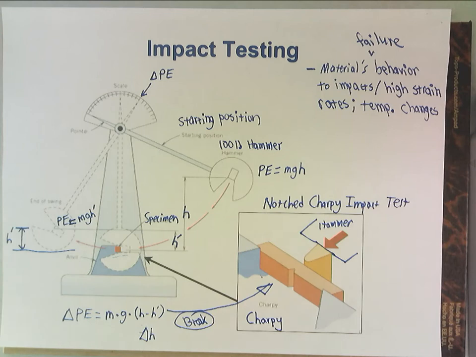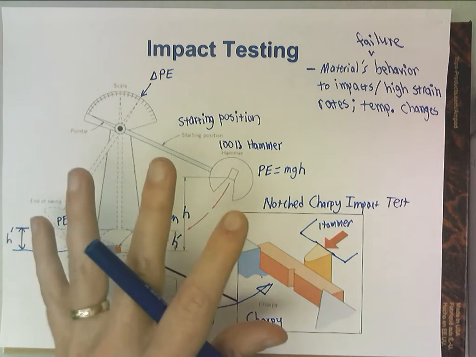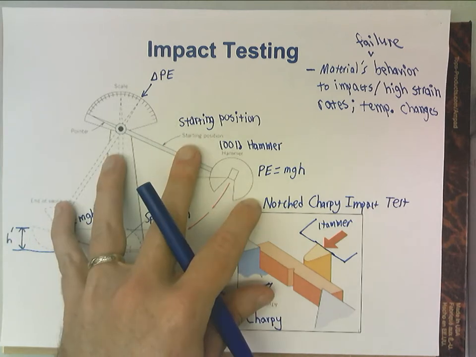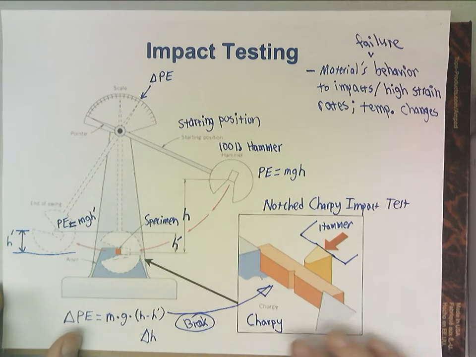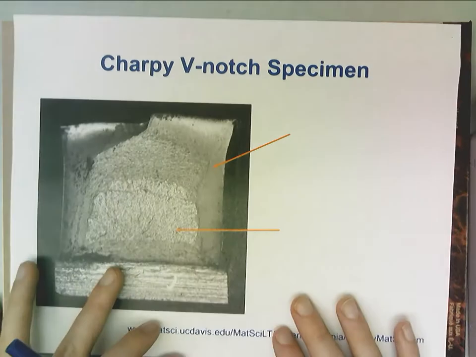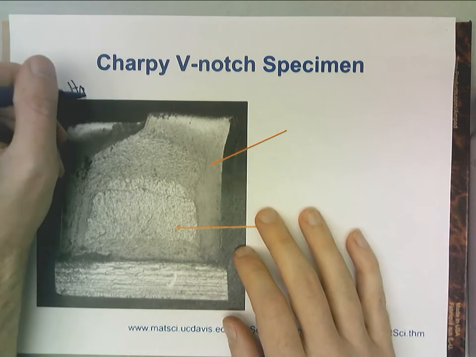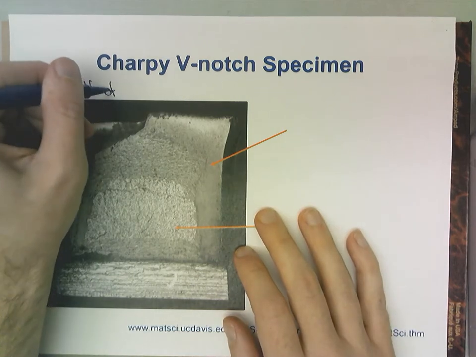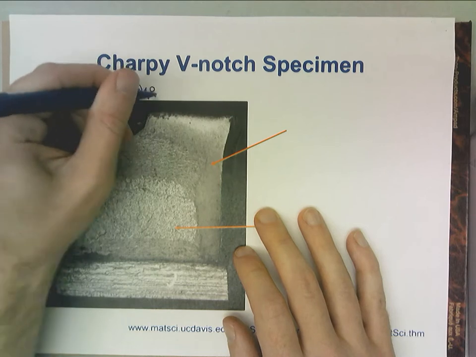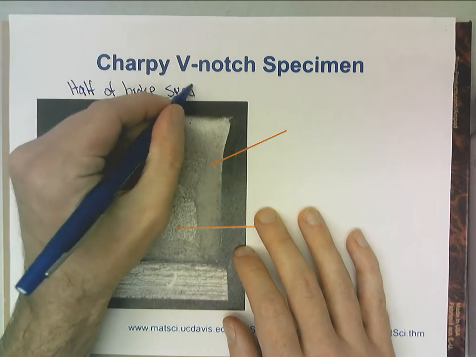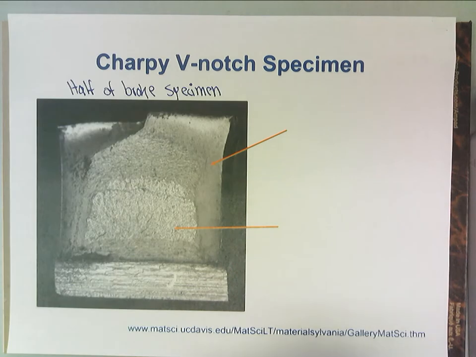So there's a couple of different things that we look at from this. One of those is ductile versus brittle behavior. So this is a picture of a broken specimen. So this is half of a broken specimen.